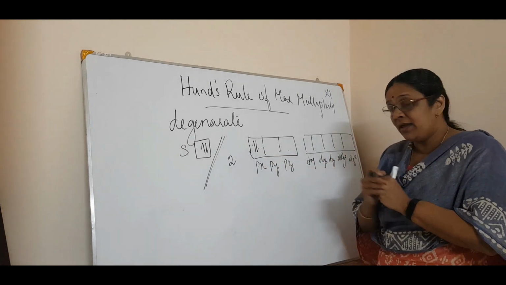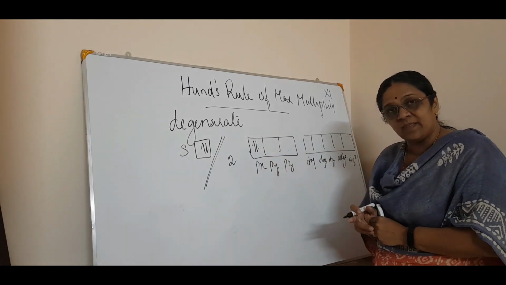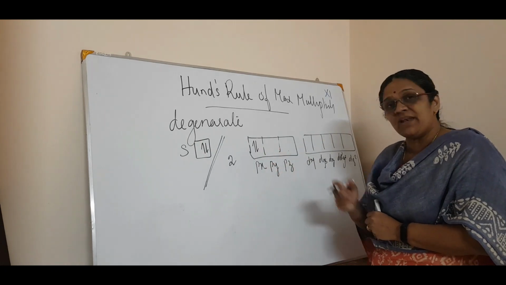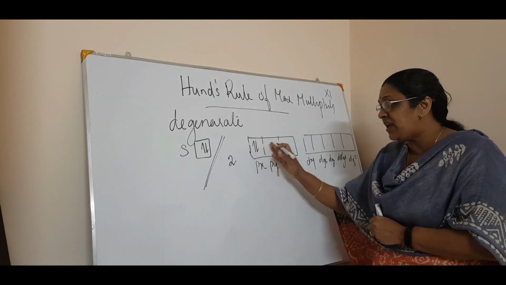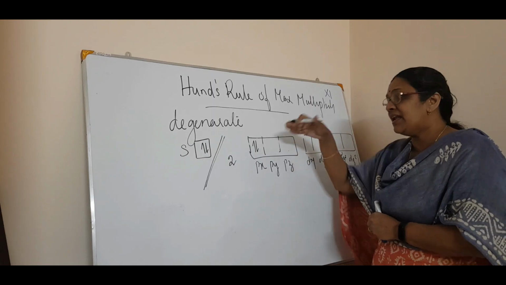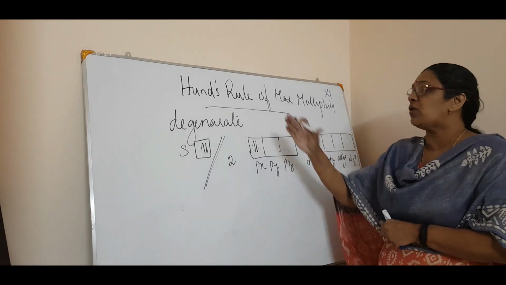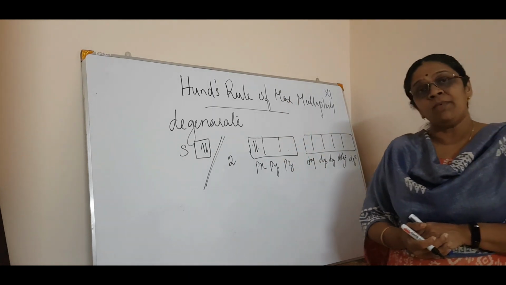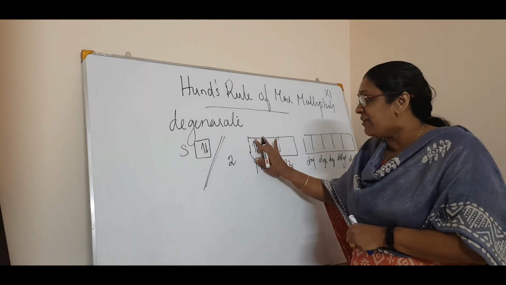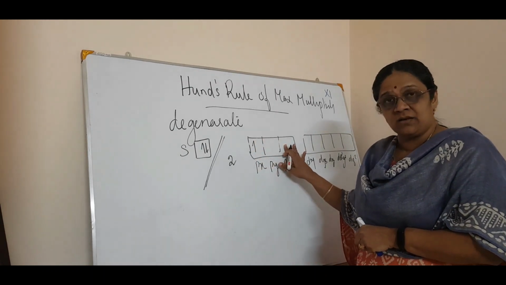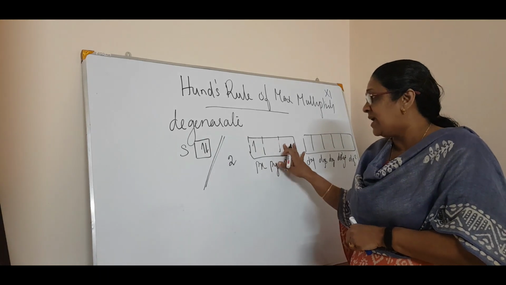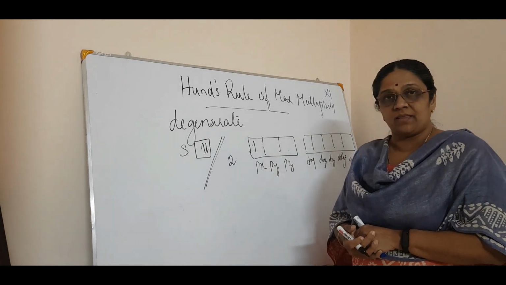No. Why? Because the orbitals are degenerate, all having the same energy. So it will first fill all the 3 and then come back and pair. That is what is called Hund's rule of maximum multiplicity. So maximum it will multiply, and then it will go to pair.